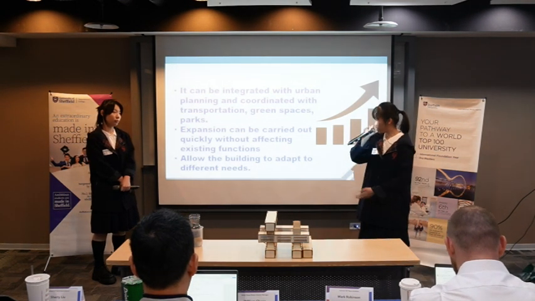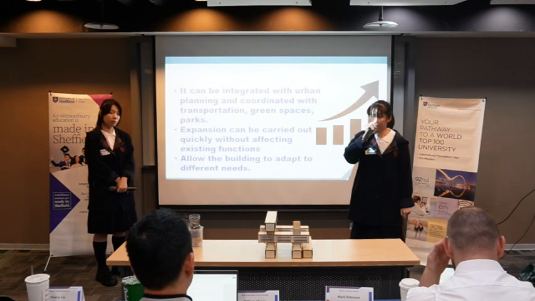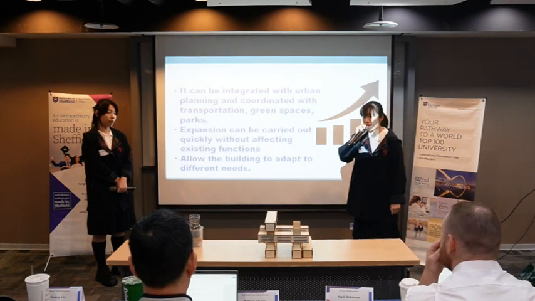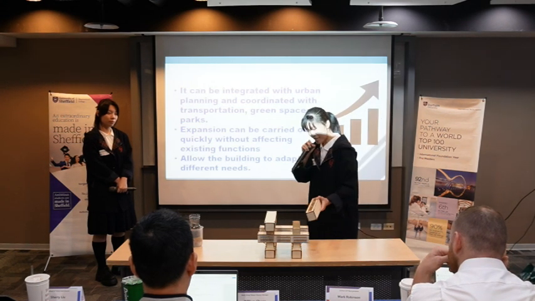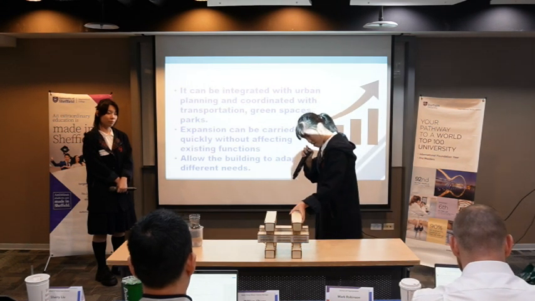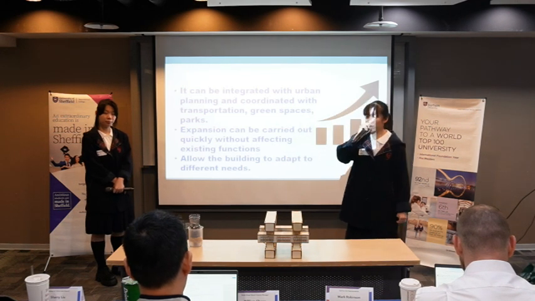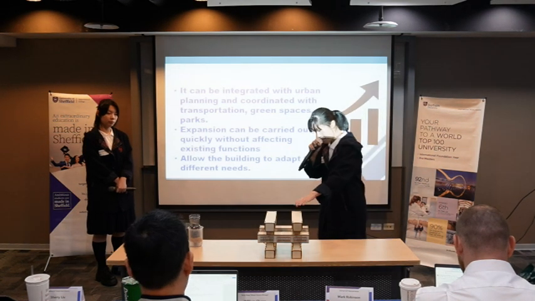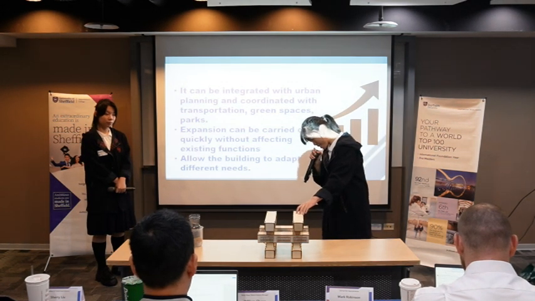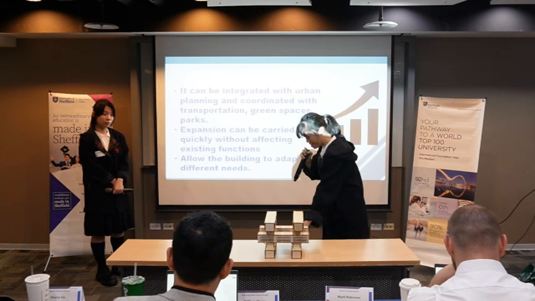The first point of this page is that the grid-shaped structure allows for easy expansion, because we can stack the modules easily. And also, future expansions are pre-planned, which means we can add additional sections without affecting the existing structures.